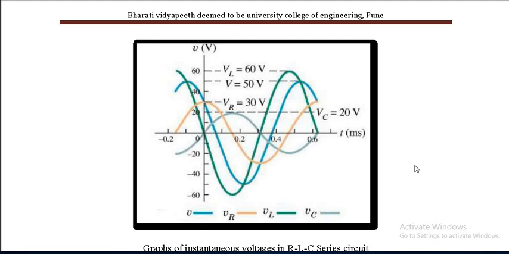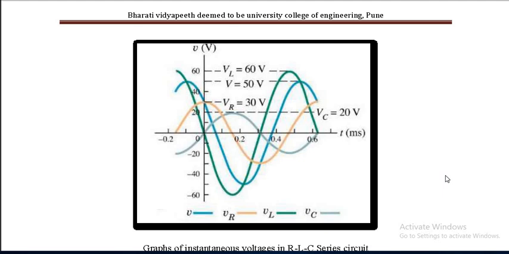You can see in this diagram, this is the VR wave like this. VL you can see is like this, and VC is over here. You can see there is a difference between VL and VC. So VL is greater than VC, and this is the case we are attending right now.